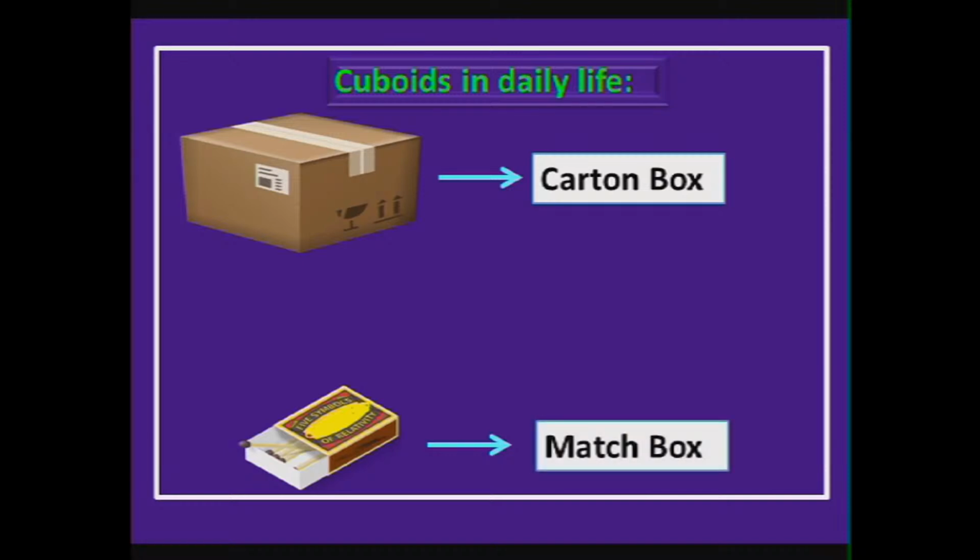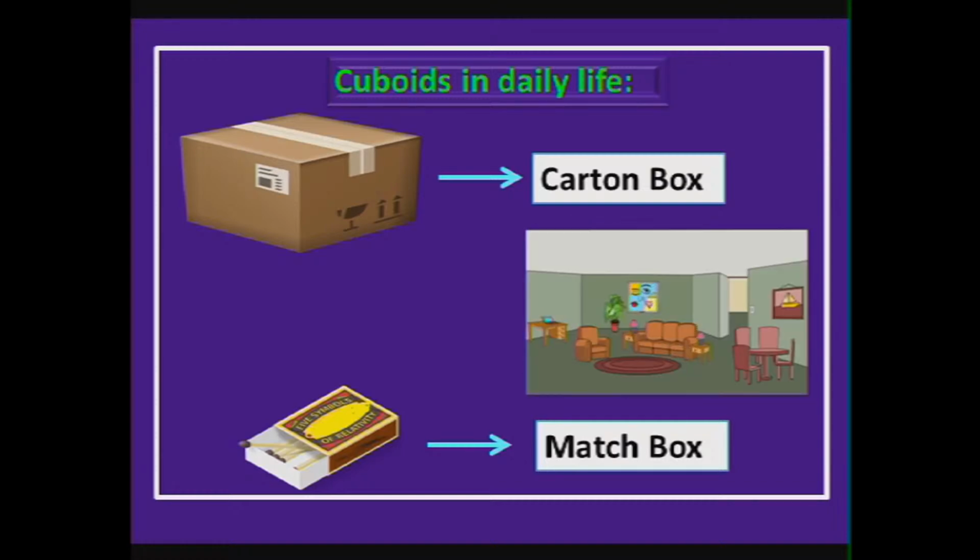And finally, look at this image shown on your screen. What is that, children? Yes, that is a room. It may be a room in your home, or it may be your classroom, isn't it, children? So, those are all examples of cuboids that we come across in our daily life.